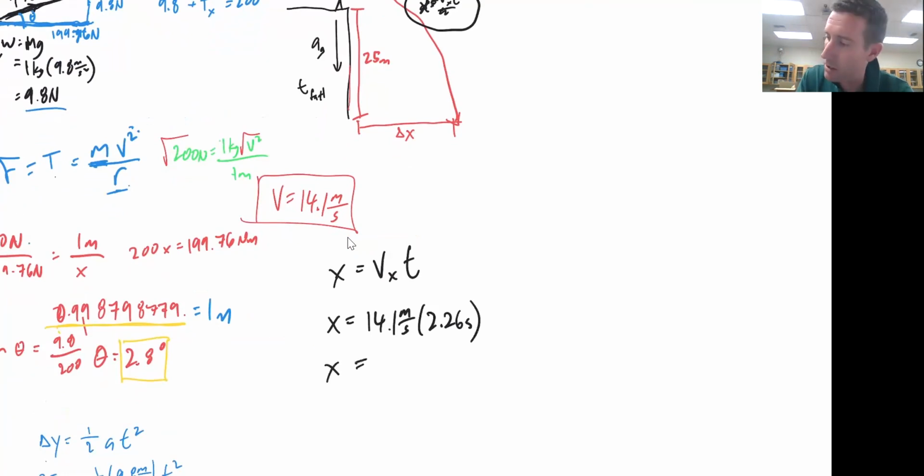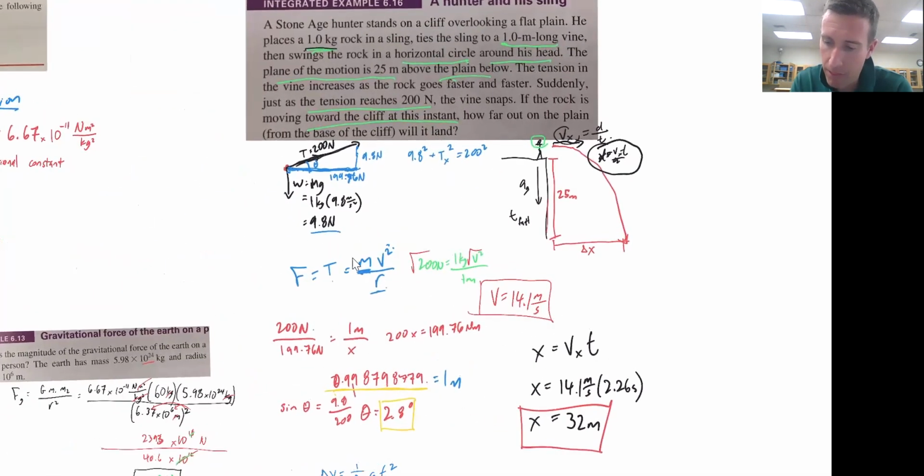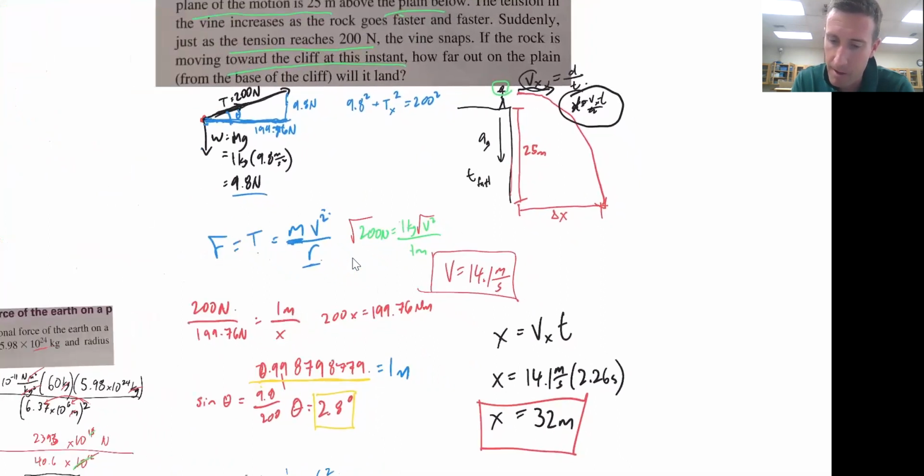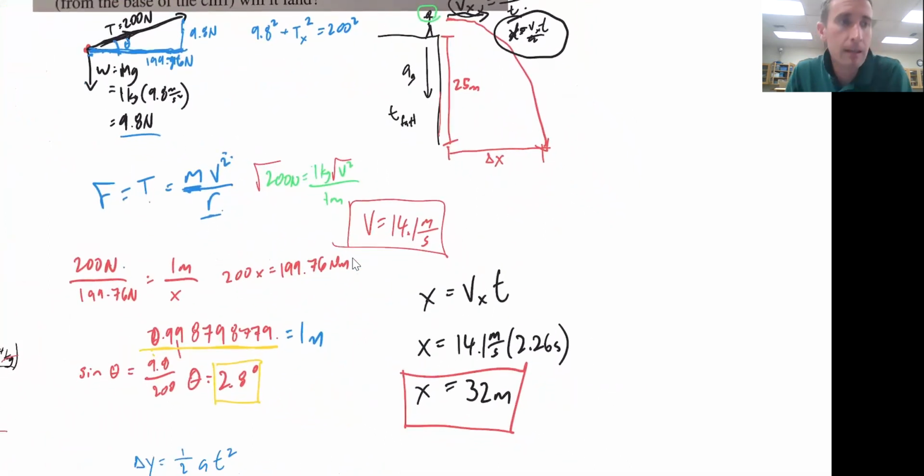X equals 31.9. Let's just go ahead and round her to around 32 meters. I believe that the rock landed 32 meters from the base of the cliff.